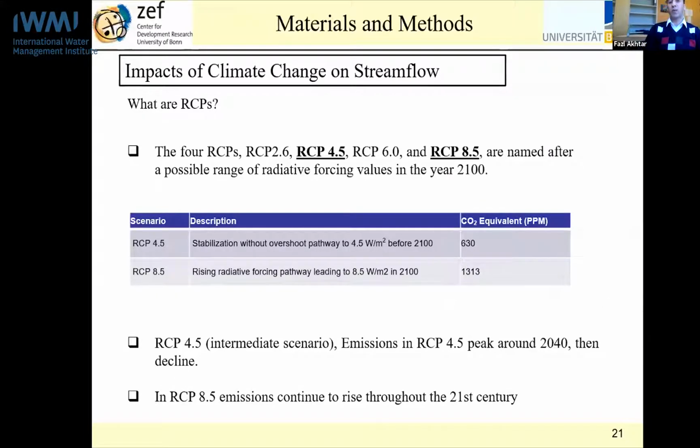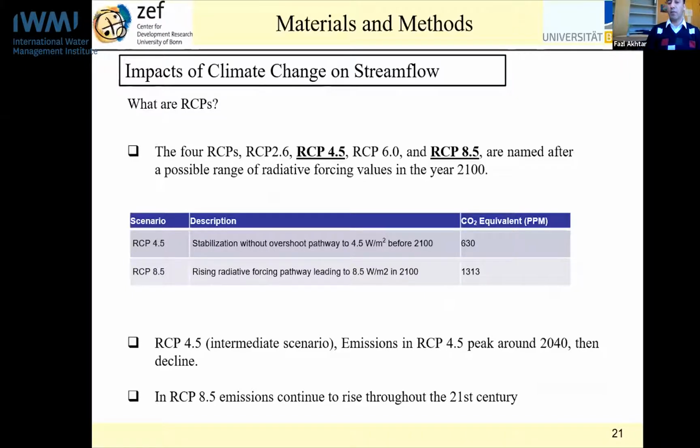Okay, we use the representative concentration pathways, selecting the 4.5 and 8.5 scenarios. Why 4.5? Because emissions have been projected to decline by 2040.